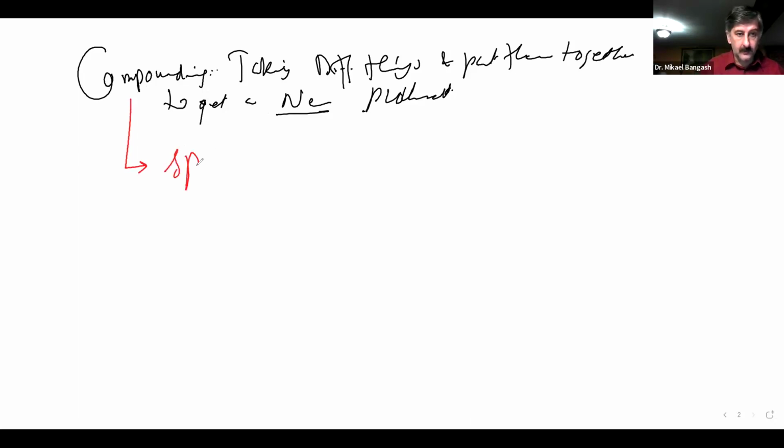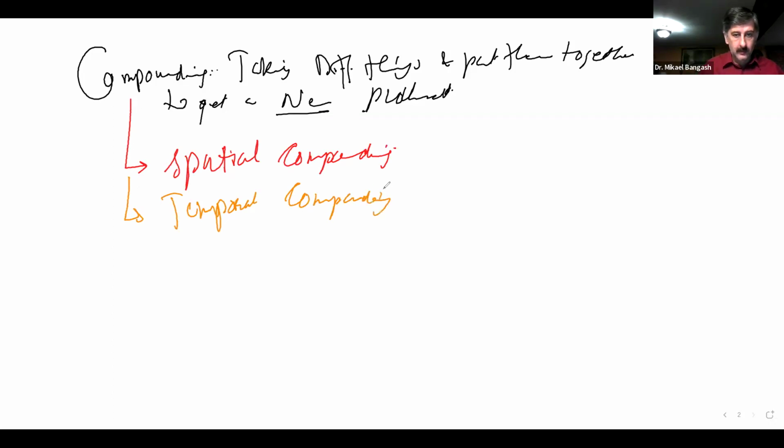There's going to be spatial compounding, temporal compounding, and frequency compounding.